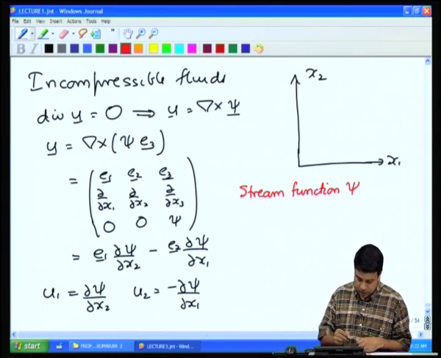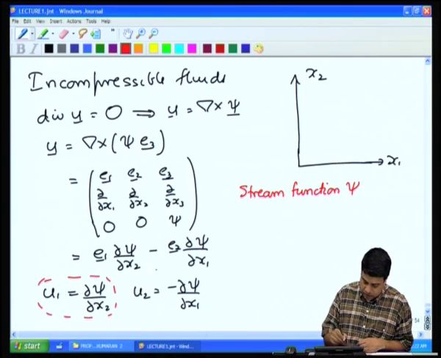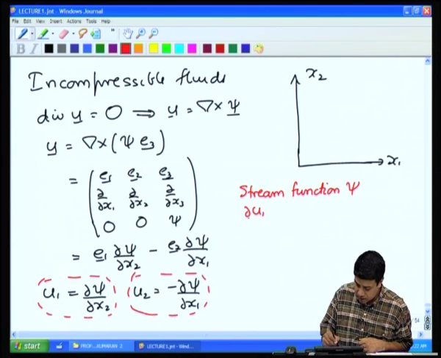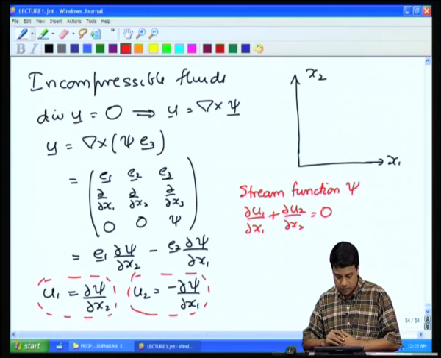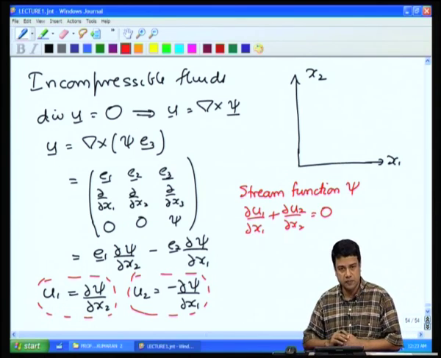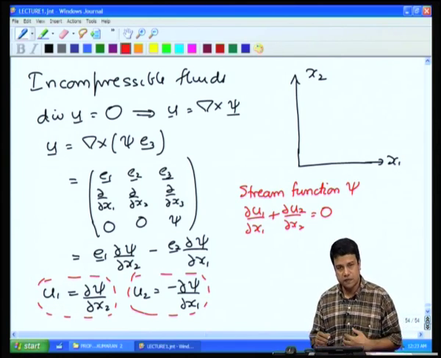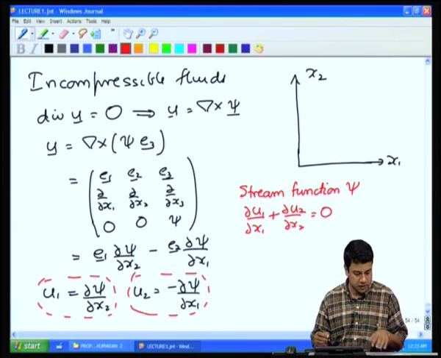You can easily see that with these substitutions, the velocity field identically satisfies partial u1 by partial x1 plus partial u2 by partial x2 is equal to 0, because when I take partial by partial x1 of partial psi by partial x2 plus partial by partial x2 of minus partial psi by partial x1, it identically satisfies that equal to 0. Good. So, what does the stream function physically mean?